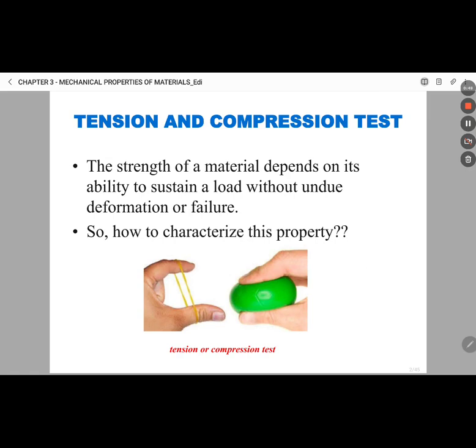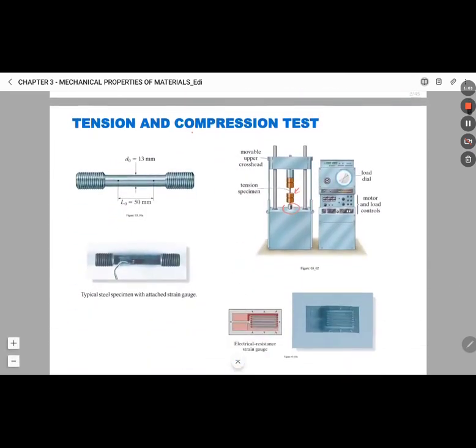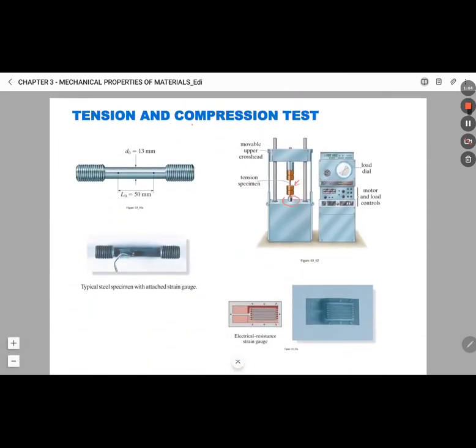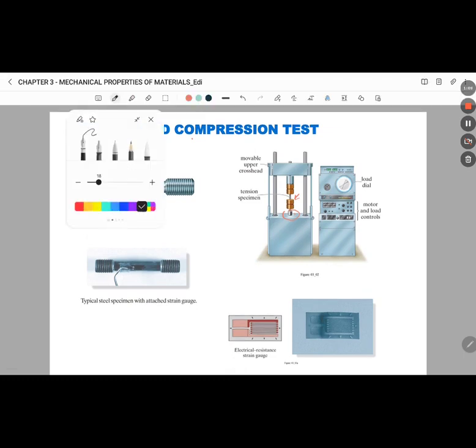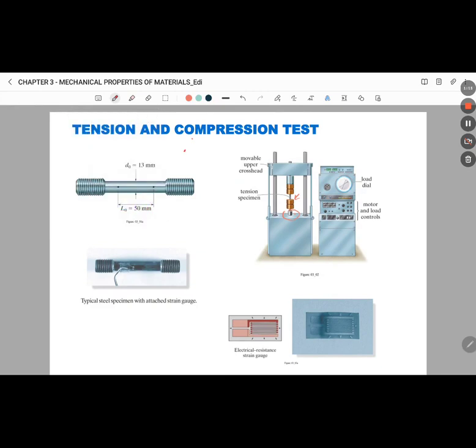There are two types of tests that we commonly use. First one is the tension and compression test. The figure shows you samples for the tension and compression test, and the right part of the slide shows you the tension and compression test machines.